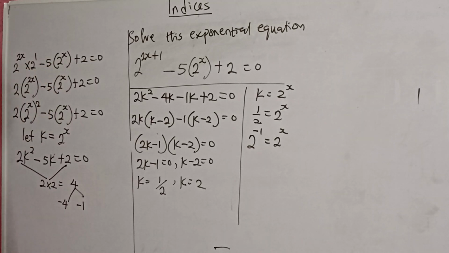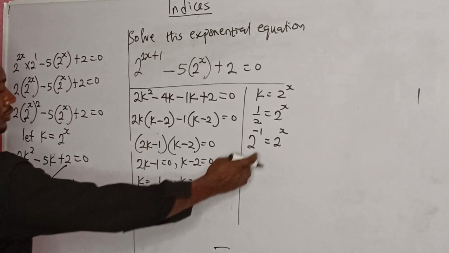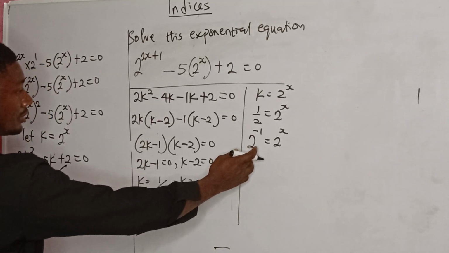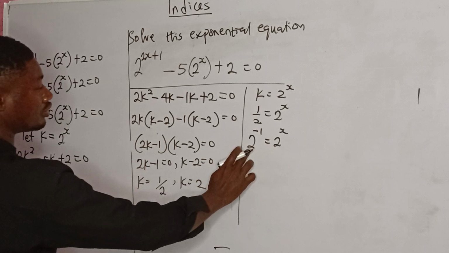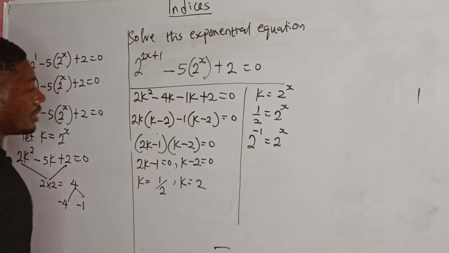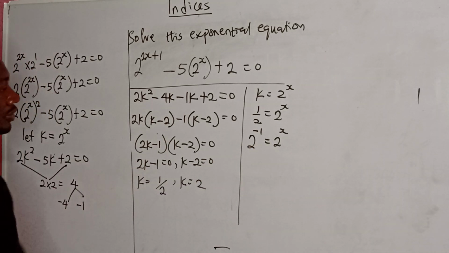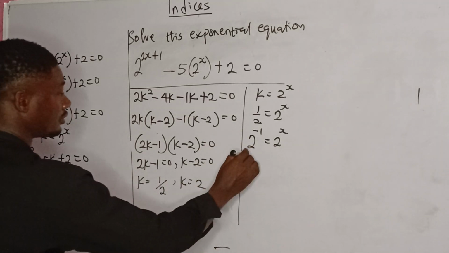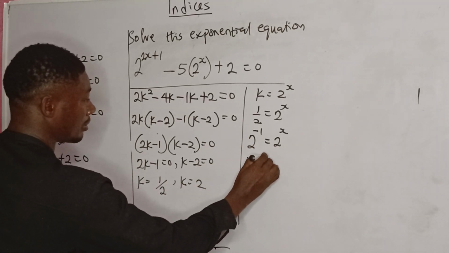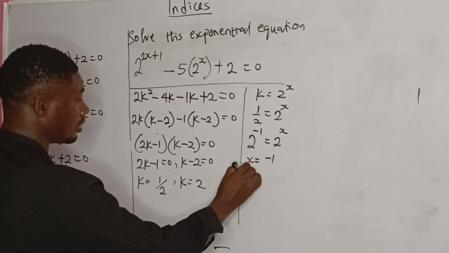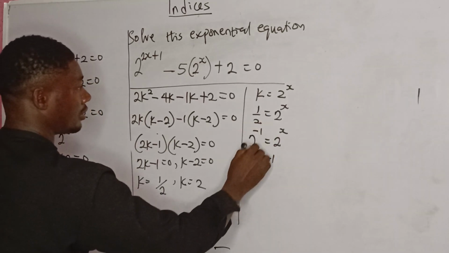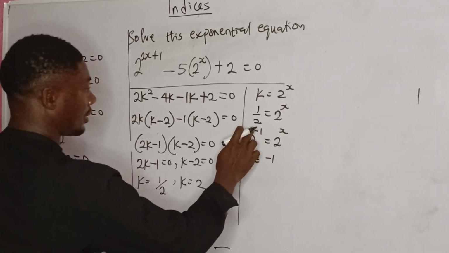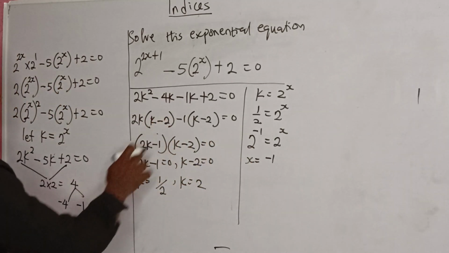We know that in indices, when you have two numbers in the same base and the sign connecting them is equals to, the two bases will go, then you equate their powers. So therefore x will give us minus 1. So this is when k is equals to 1 over 2.